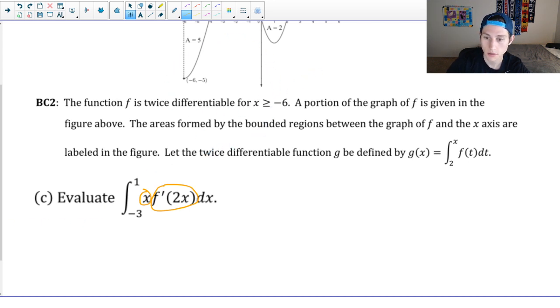Oh, where'd my cursor go? Hold on. I lost it.